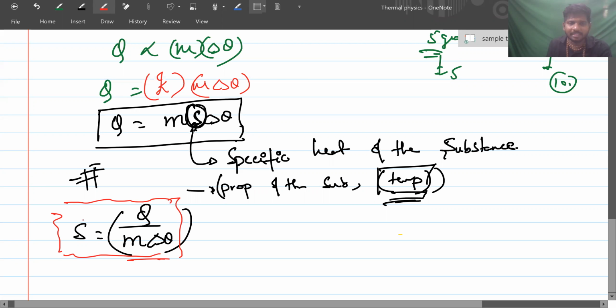Now S, specific heat capacity, can be defined as the amount of heat required to... suppose this mass is equal to 1 gram I took, and this delta theta is equal to 1 degree I took. Can I say that S is equal to Q then? That is nothing but the amount of energy.